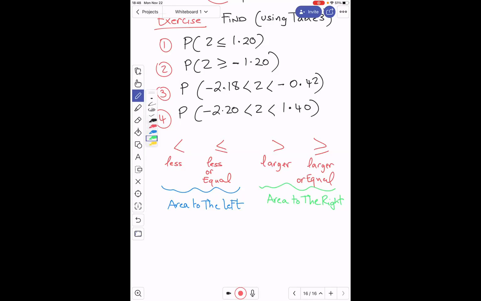So let me just say, guys, here. First, this is number 1. This is the area to the left, because you have less or equal. Here, Z is larger or equal, so if it's larger or equal, that will be the area to the right.